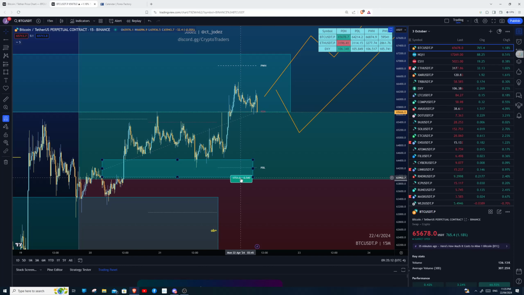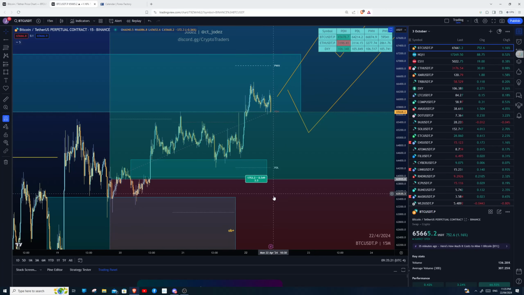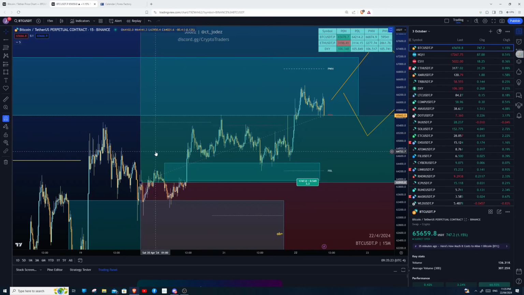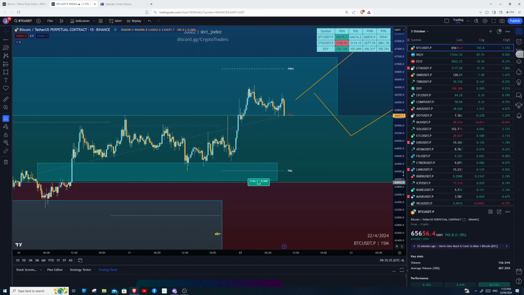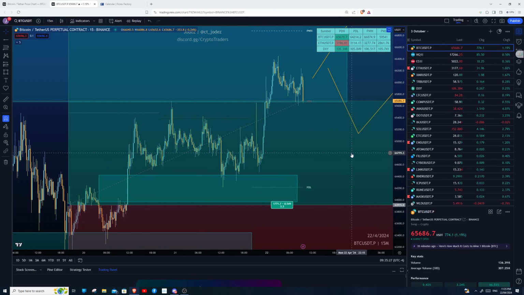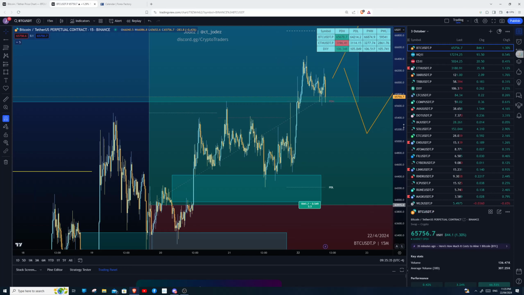So you can see right from open, we're seeing a sell-off. It's too early to tell if that will be indicative for the rest of the week, but we'll probably see by the end of today and tomorrow.